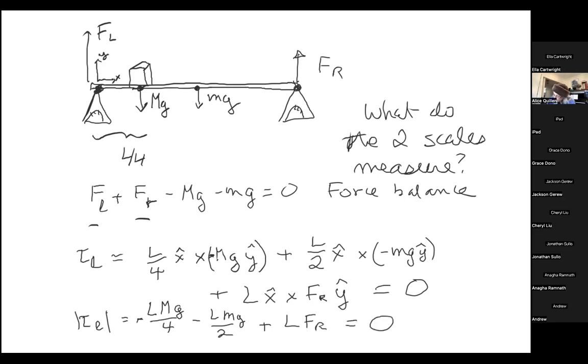So this with this is 2 equations for 2 unknowns. And we can solve for both FL and FR, actually. And so let's do that. I'll just write down the solution. It's nothing hugely difficult to do.